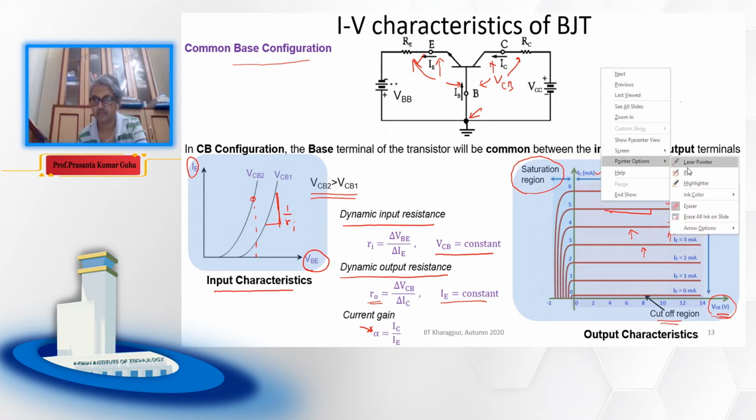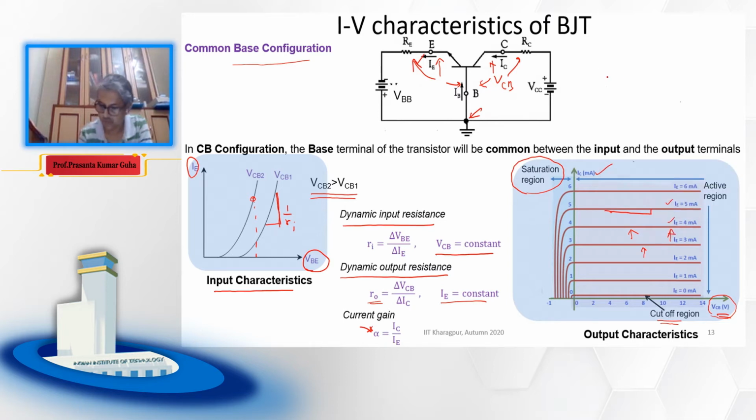So if we keep on increasing the reverse bias of a PN junction, then what happens? This is reverse leakage current, or reverse saturation current, and after a certain increase in this reverse bias voltage, the breakdown occurs. You remember we have discussed Zener breakdown and avalanche breakdown in the PN junction discussion.